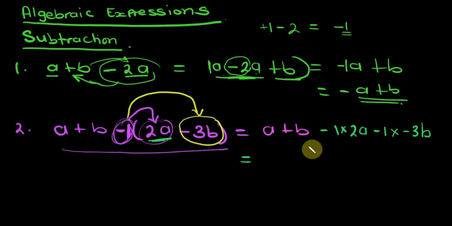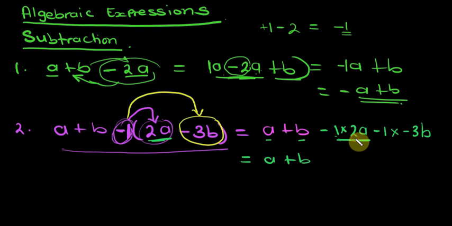Right. A plus b, these are not like terms, so they just remain as they are for now. Negative 1 multiplied by 2a. Well, multiplication doesn't care if the terms are like or not. Multiplication just works, just multiplies through. So negative 1 multiplied by 2a, what does it give us?